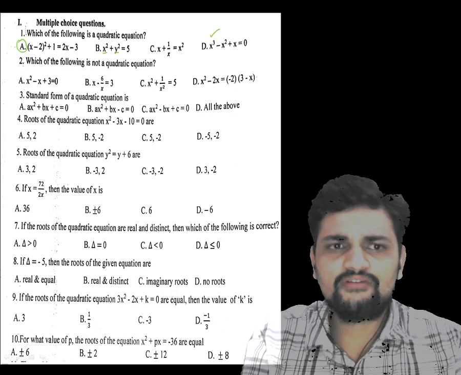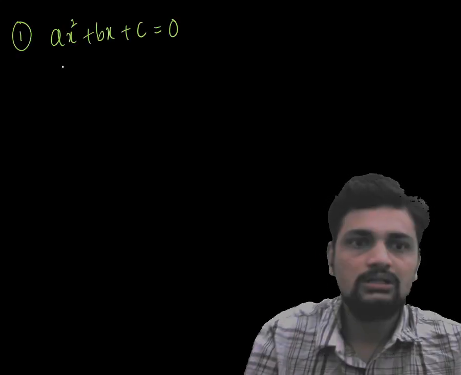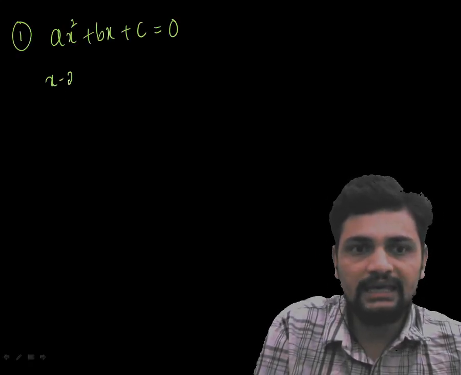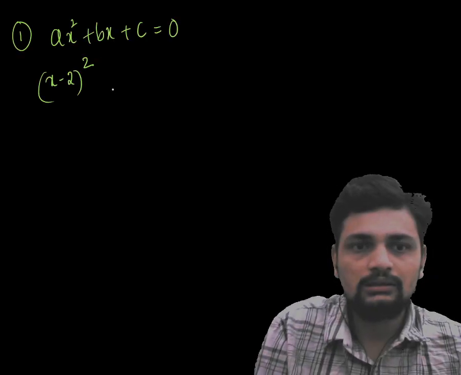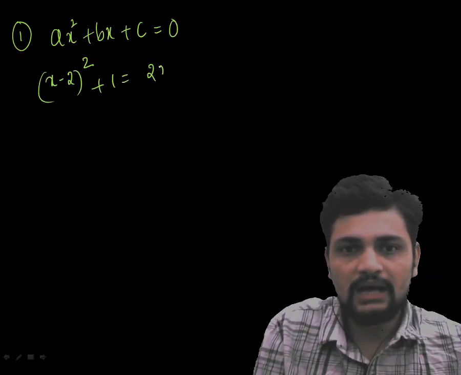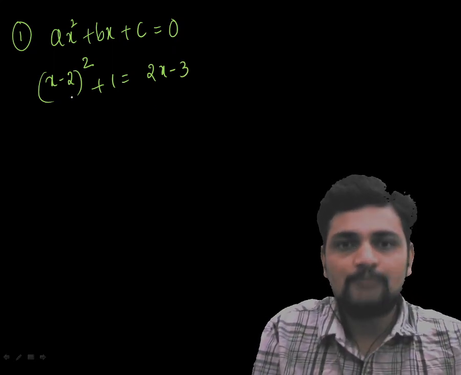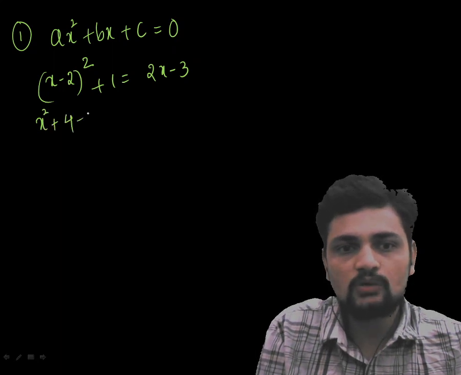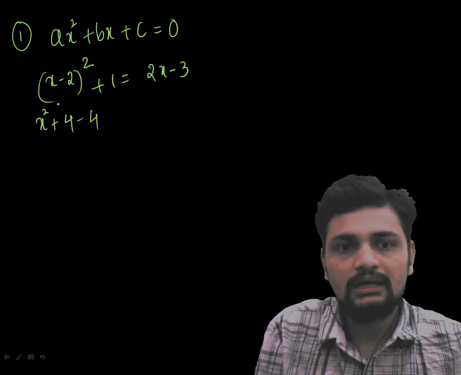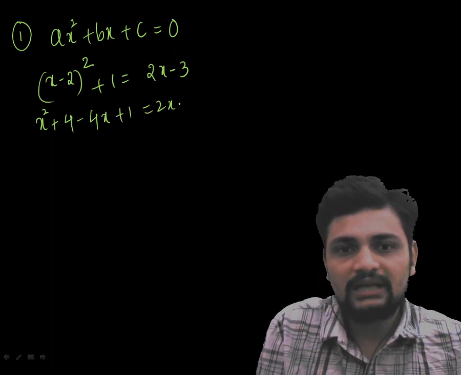Again, just for verification, let me solve it and bring it in the form of a quadratic equation. We have given option A as x minus 2 whole cube plus 1 equals 2x minus 3. So expand this in the form of a minus b the whole square: a square plus b square minus 2ab, plus 1 equals 2x minus 3.